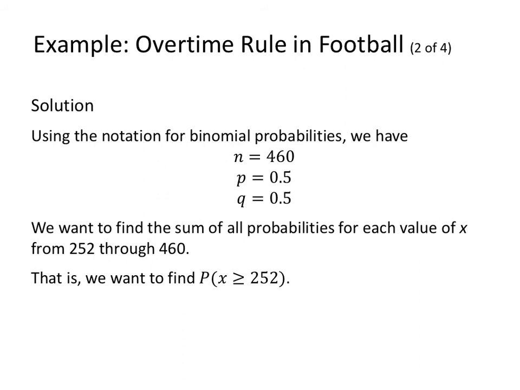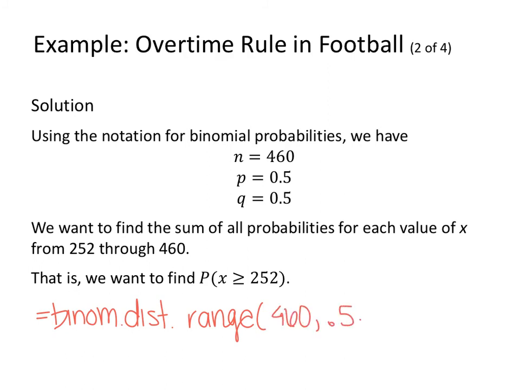We can use the binom.dist.range formula to find this answer. So we're going to do equals binom.dist.range. You'll put in your n of 460 and then 0.5. And our min here is going to be the 252 all the way up to a max of the 460 games.